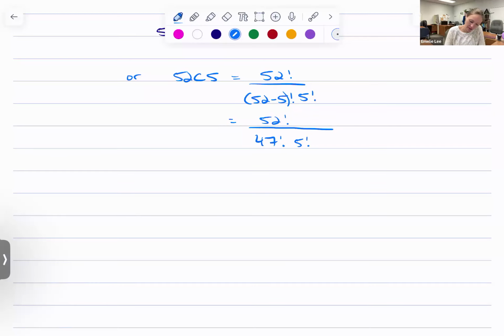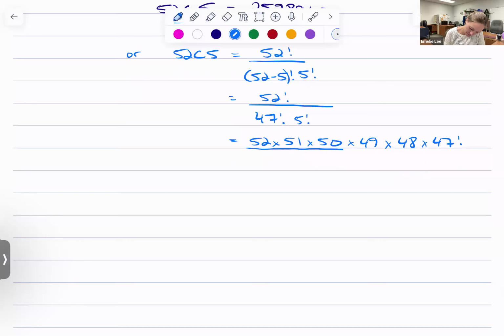Factorial, 5 factorial, which means I'm going to write out 52 factorial up until 47 factorial. 52 times 51 times 50 times 49 times 48 times 47 factorial divided by 47 factorial times 5 factorial.